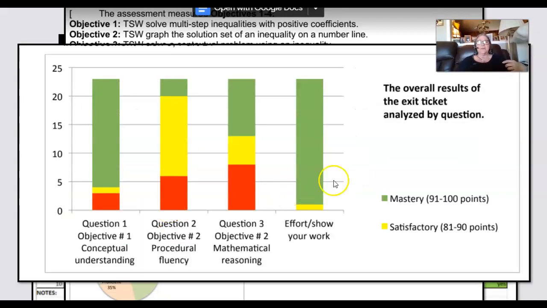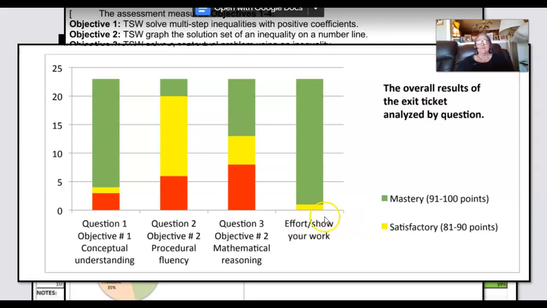Here's another one. This person is showing mastery in green, satisfactory work in yellow. And she's done it by question, and then she's also put those questions and objectives together with whatever is the mathematical understanding. She also includes effort and show your work. That's really not necessary here because it's not what we're talking about.